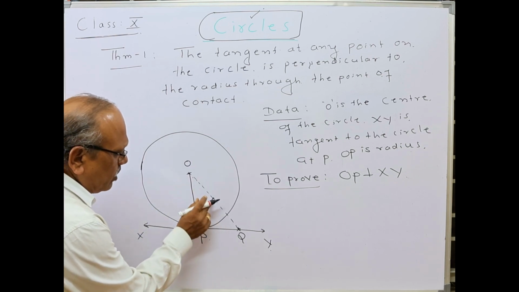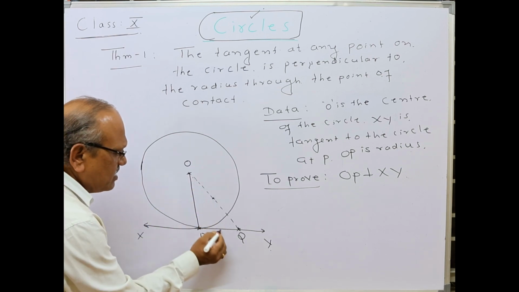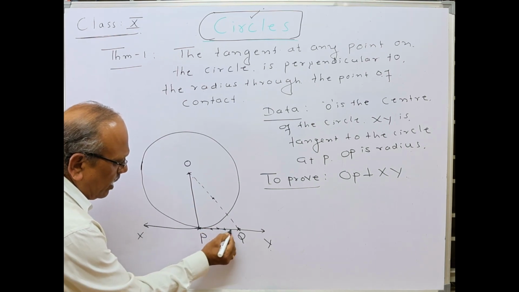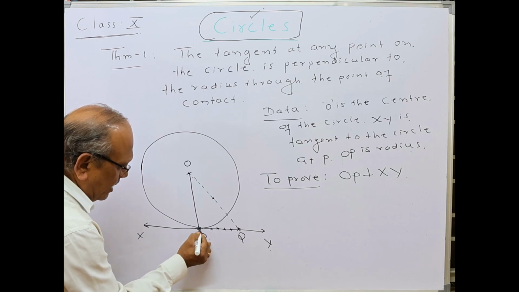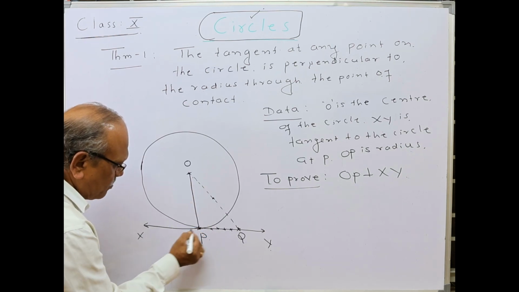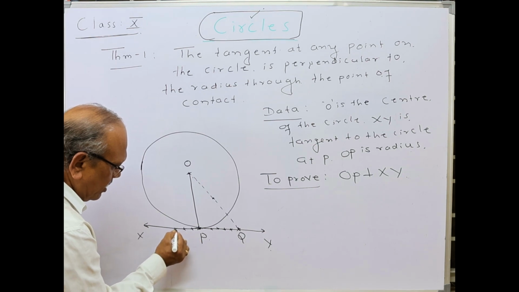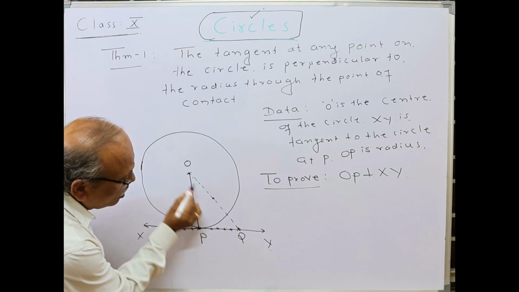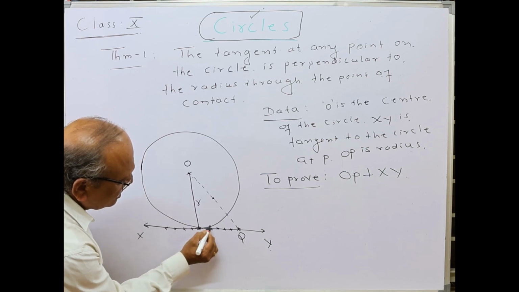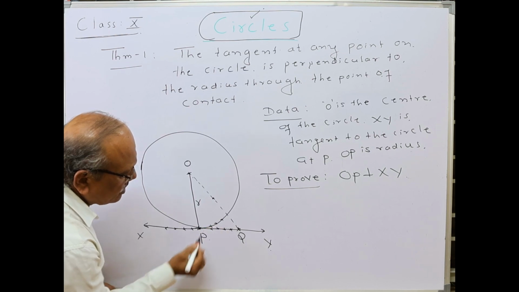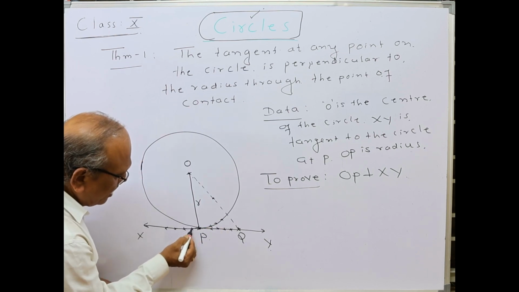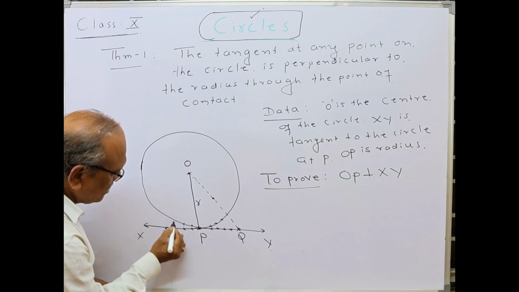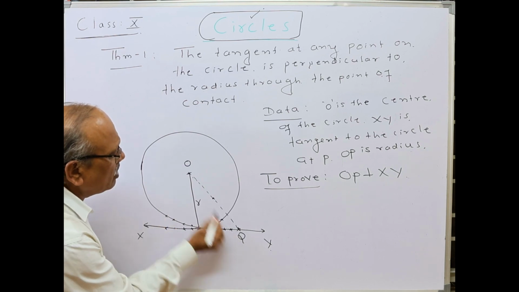And if you bring this point Q closer and closer to P, at any point except P, OQ will definitely be greater than the radius, isn't it? So the radius will be here, and except point P, if you take the point Q anywhere, OQ will always be greater than OP.